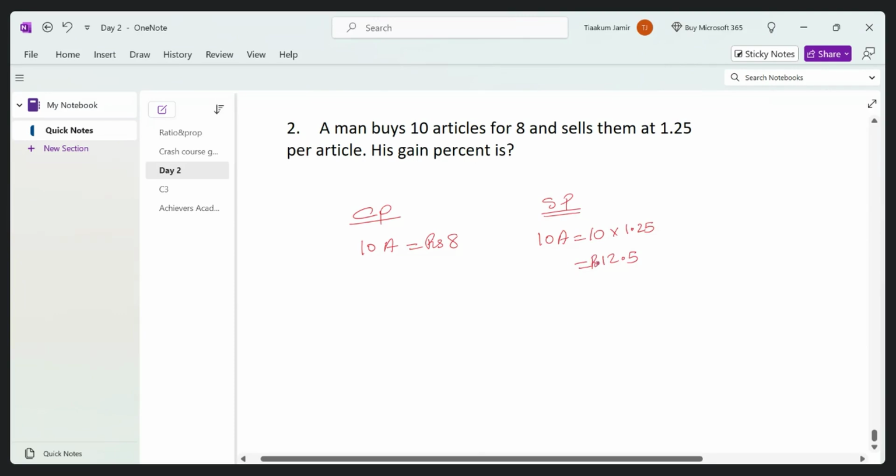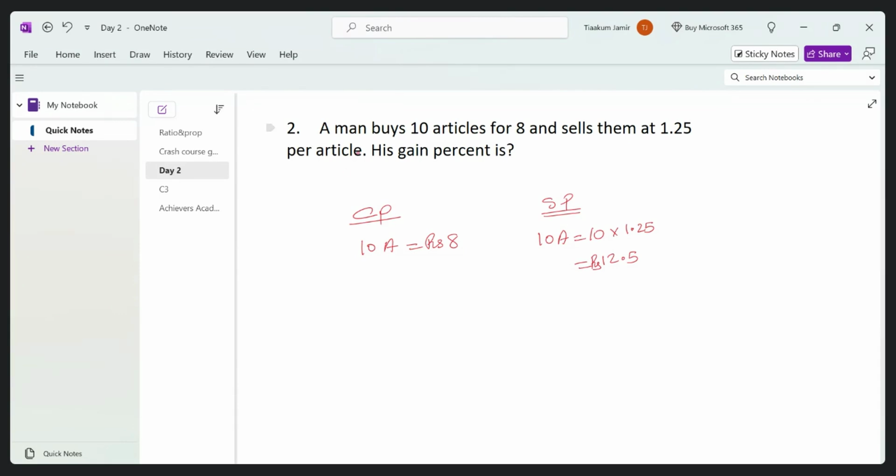So while selling the 10 articles, he's getting 12.5. That means profit is 4.5 rupees.